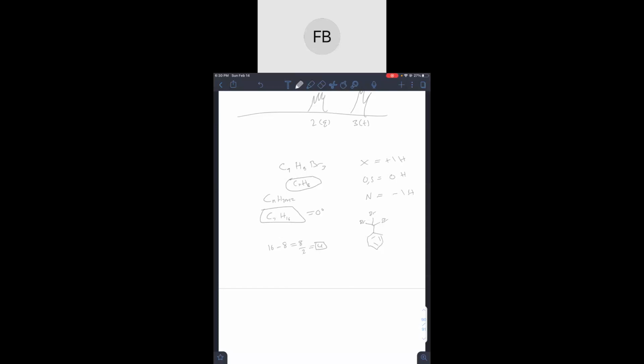Because we have to figure out how many excess hydrogens are needed, and every 2 hydrogens that you don't have is 1 degree of unsaturation. We don't have 8 degrees of unsaturation, we have 8 hydrogens missing. So for every 2 hydrogens you're missing, there's 1 degree of unsaturation.